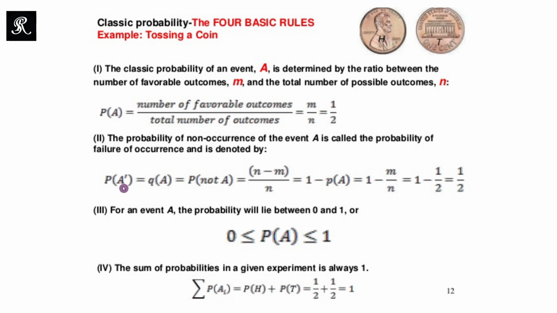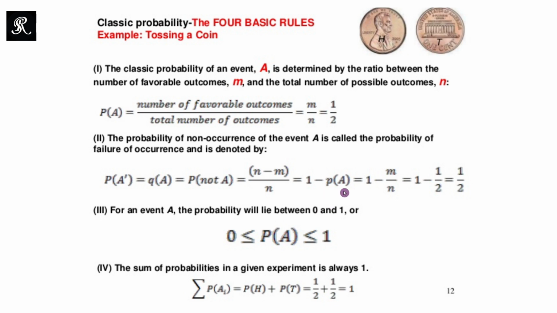This means a failure of occurrence of event A. It depends on whether we are considering that A event is H or T, and that would be equal to Q of A. For the failure of an event A, we can also use this notation Q, and we can represent it in this way as well: probability of not A. This is equal to N minus M, which means we subtract the favorable outcomes from the total number of outcomes. So that would be N minus M divided by N. And also we can use the formula 1 minus probability of A.